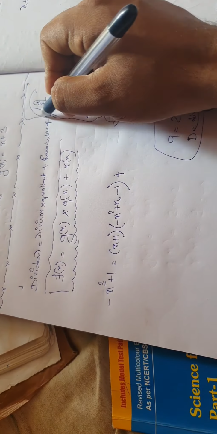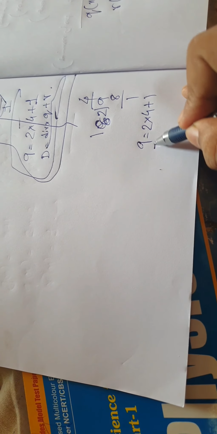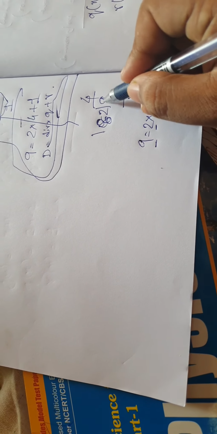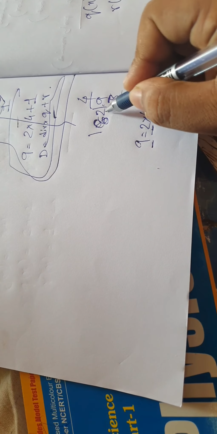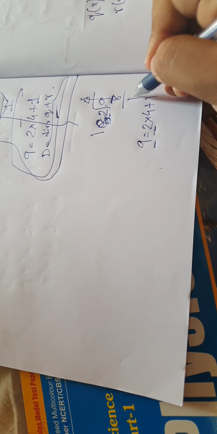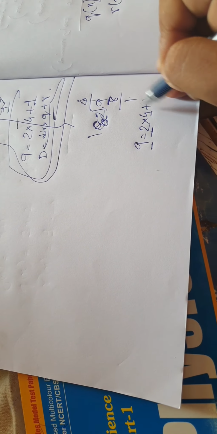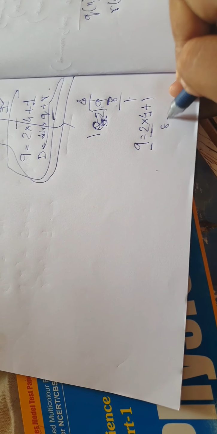Then what will you get? 2 fours are 8, and you will get 1. So you see 9 is equal to 2 into 4 plus 1. That means the dividend is equal to the divisor into the quotient plus 1. So 2 fours are 8 plus 1, 9.